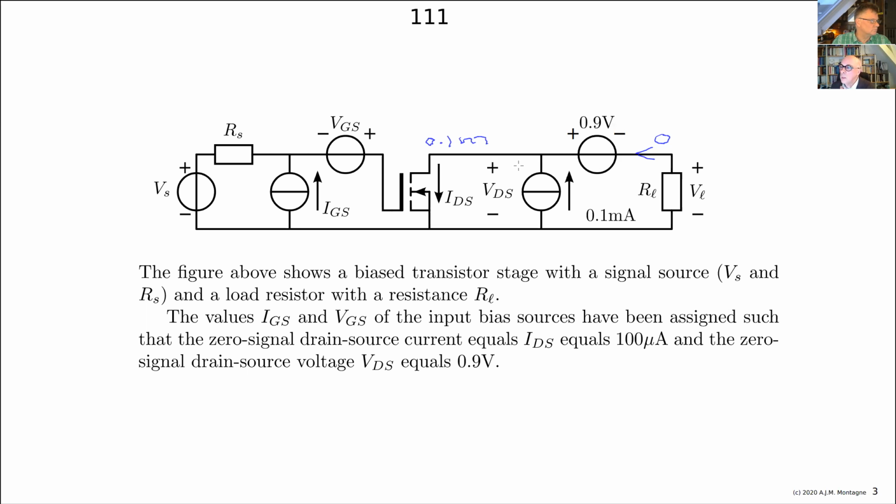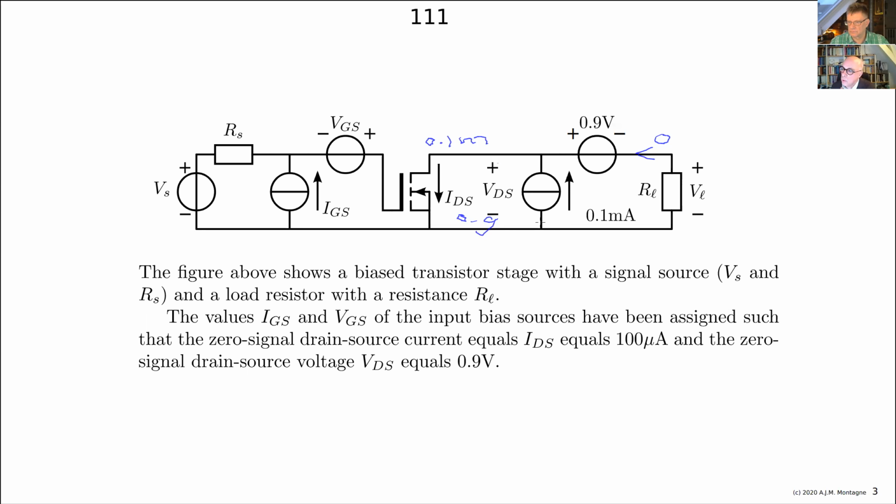And here we have a positive voltage, plus minus, of 0.9 volt, because this is the operating voltage stated in the text. If the current went from plus to minus through the device, it would be dissipating.